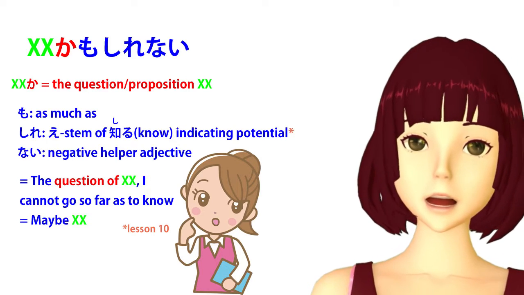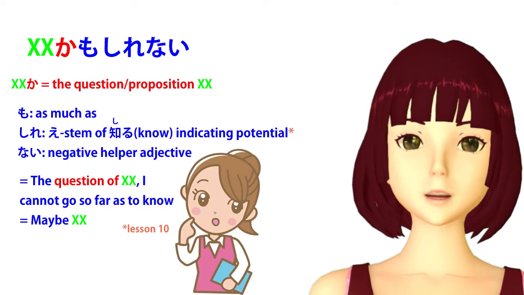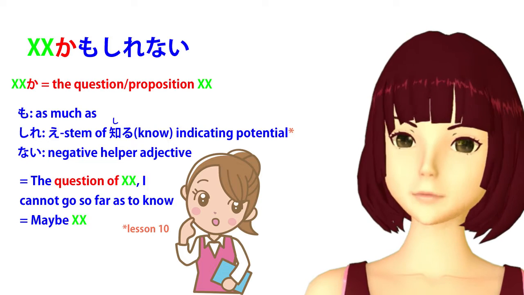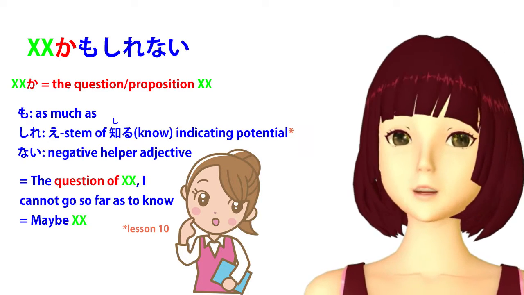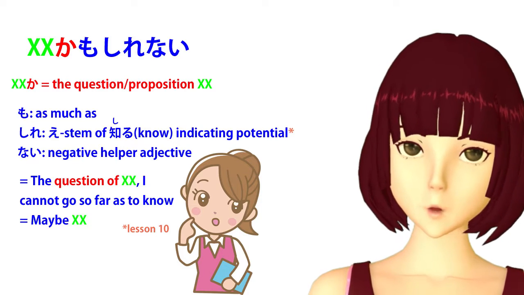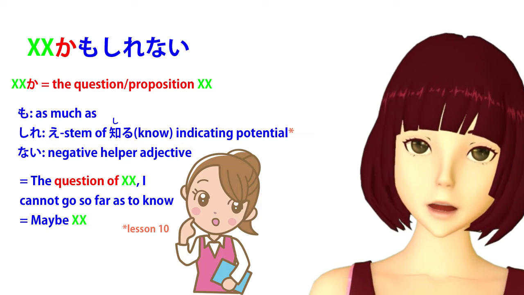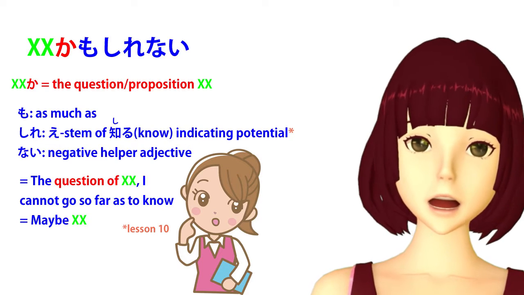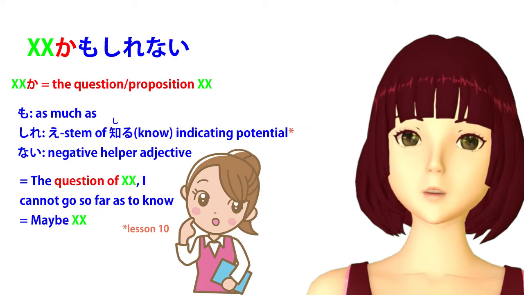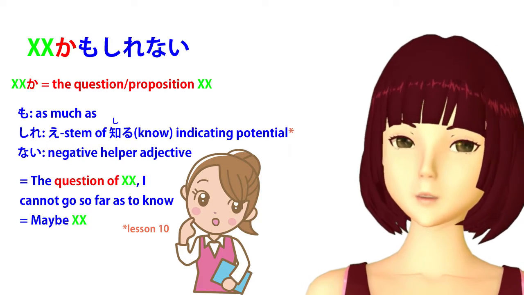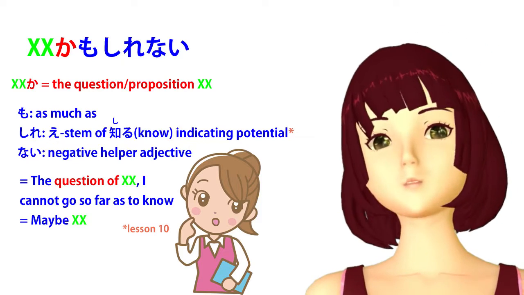The mo is giving us the meaning of even or as much as, as I've explained that it very often does, and shirenai is shiru, know, shireru, ability to know or be known, and the helper adjective nai. So the whole thing actually means Sakura ga kuru ka, the question of whether Sakura comes, mo shirenai. I can't go so far as to know. Maybe Sakura will come. Maybe she won't.